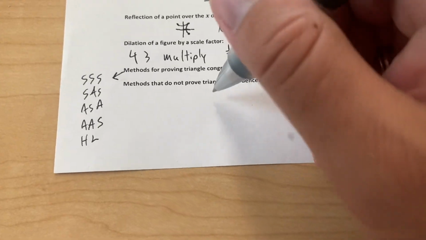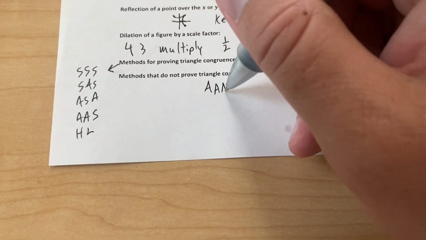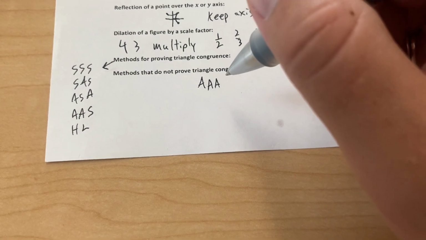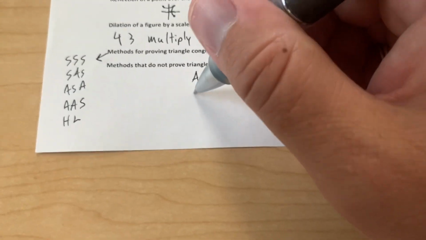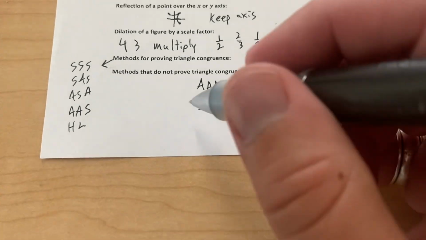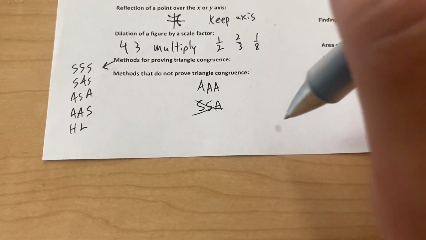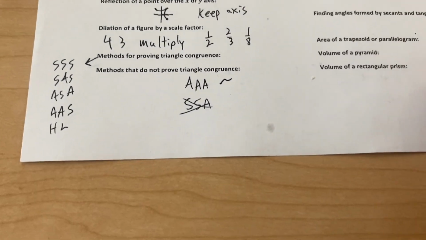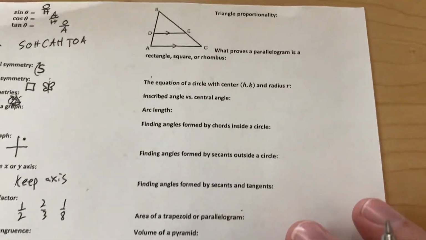The methods not proving the triangle congruence: if you have all three angles, that's only enough for similarity. If you have angle, side, side, I'll put that as side, side, angle, so I'm not writing anything terrible. But there's no donkeys in geometry. This one is not going to work. This one is only used for similarity, so you just kind of move from there.